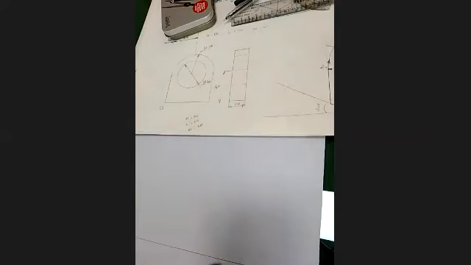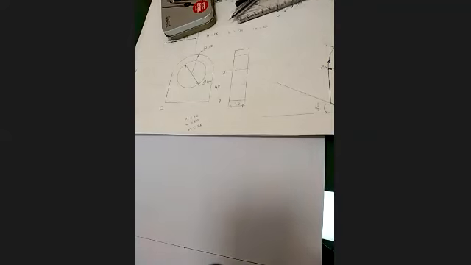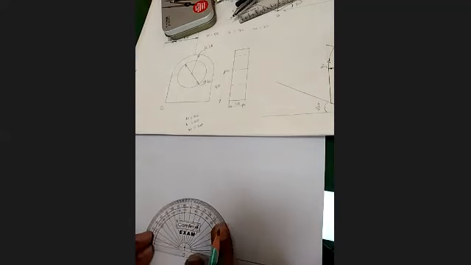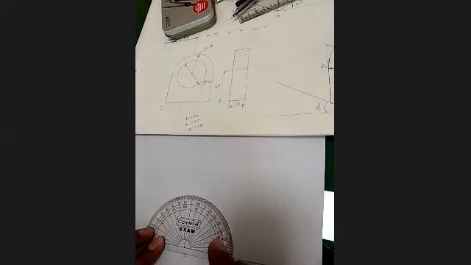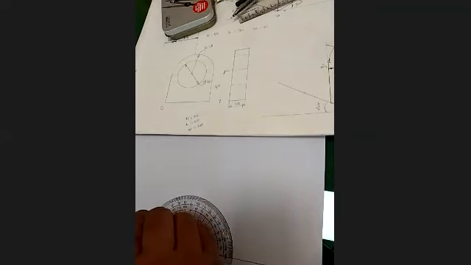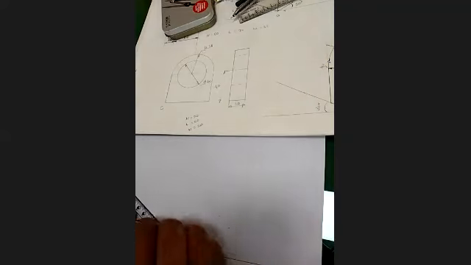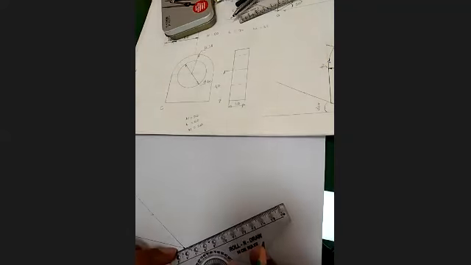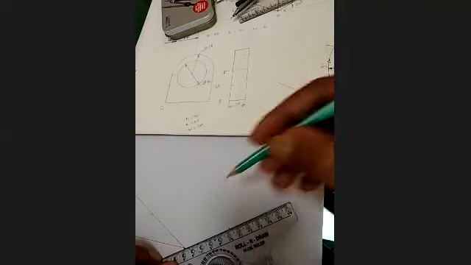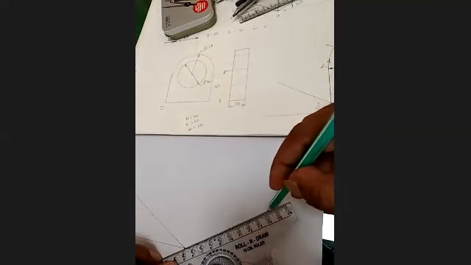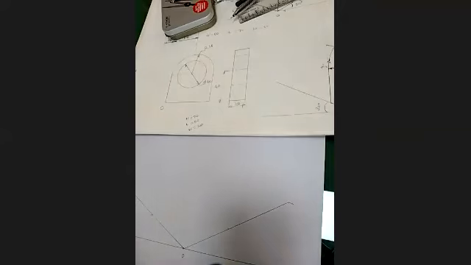I will take any one point on this XY line, say this one, and through it take the origin O. I will draw lines at an angle of 30 degrees on both sides. This origin O, this angle is 30 degrees.